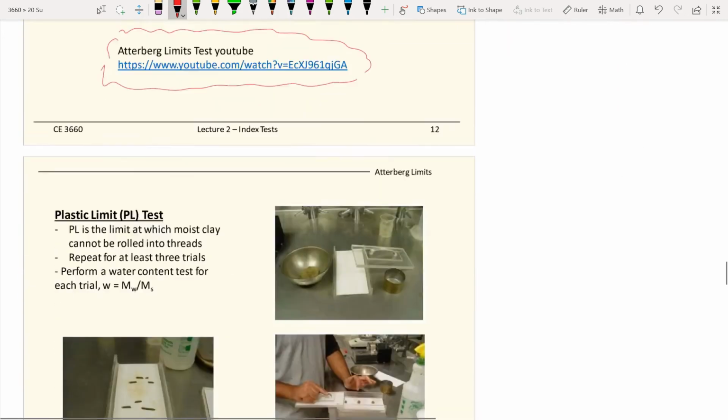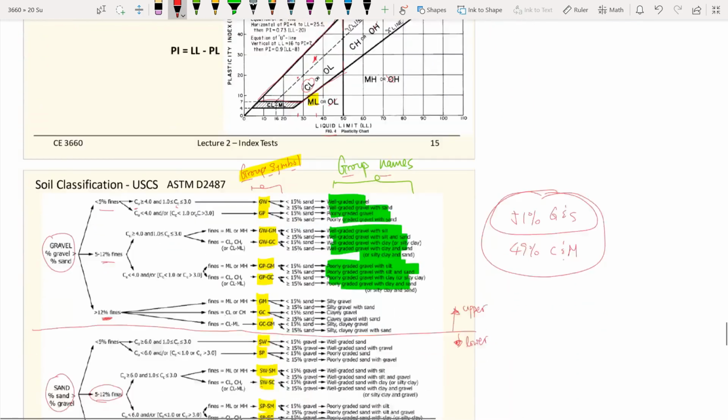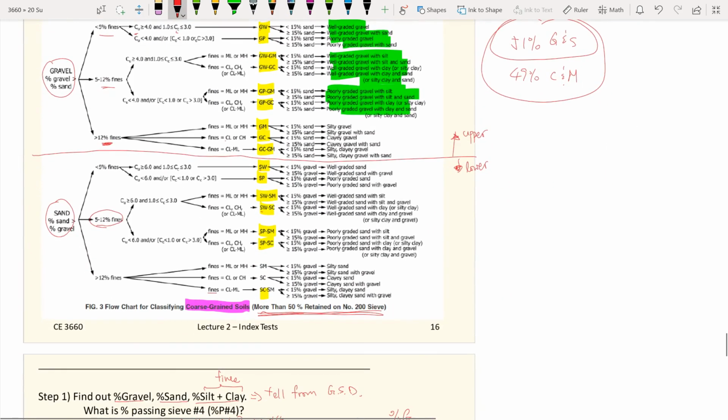And if you walk through this chart, you will get the same thing, because we are at fine contents 8% for example number 7, which is here. Our C sub U is 6.94 and C sub C is 0.646.